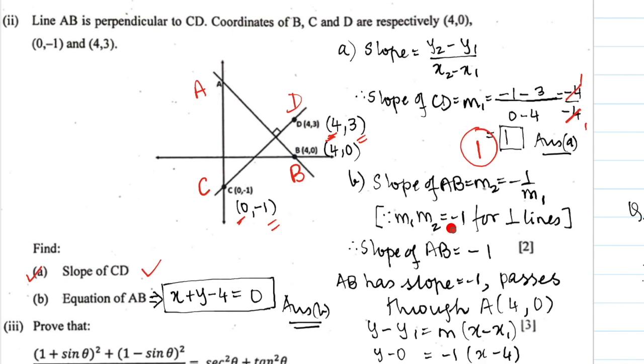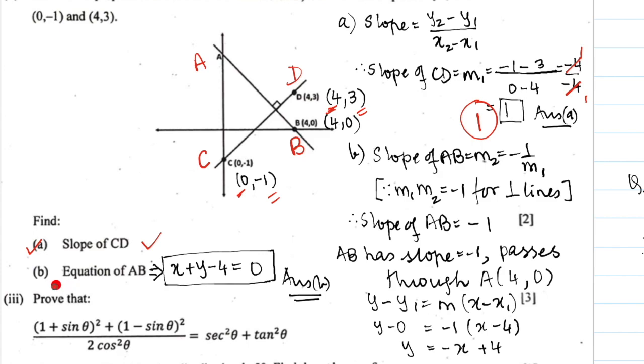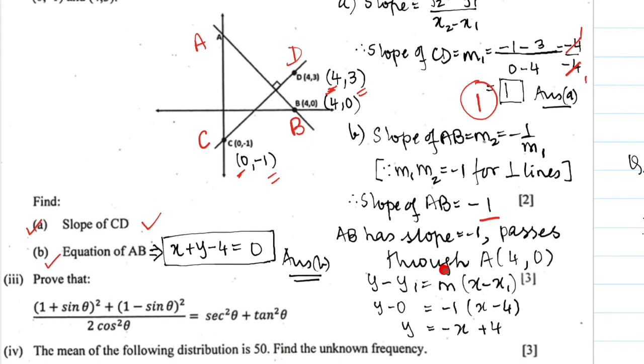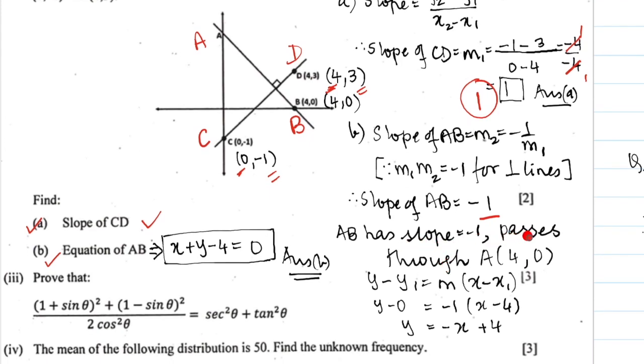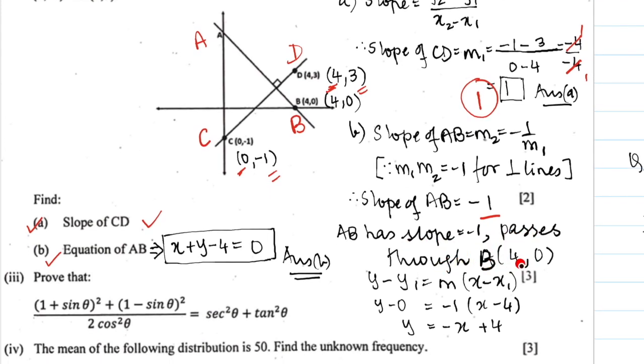Now slope of AB, because we have to find the equation of AB. Slope of AB is going to be m2, which will be minus 1 upon m1. So slope of AB will be minus 1. Now AB has a slope minus 1 and it is passing through B (4, 0), and so y minus y1 equal to m into x minus x1.